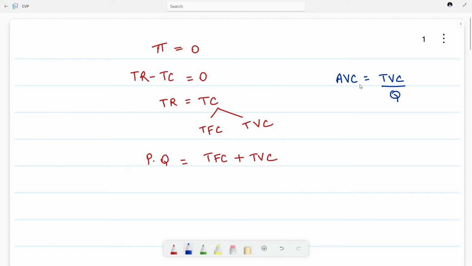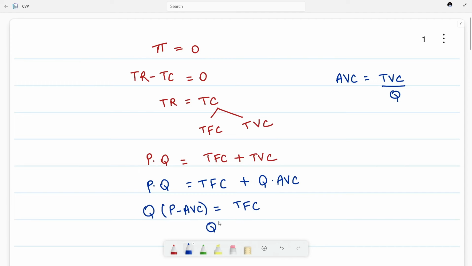Now, average variable cost is nothing but total variable cost divided by quantity. So can I substitute in place of total variable cost? I can write quantity into average variable cost, and price into quantity, and I want quantity. So quantity I can take common. This will come out to be quantity into price minus average variable cost is equal to total fixed cost.